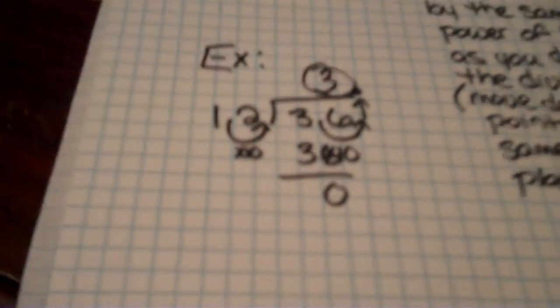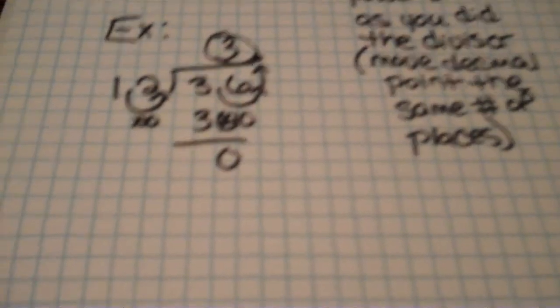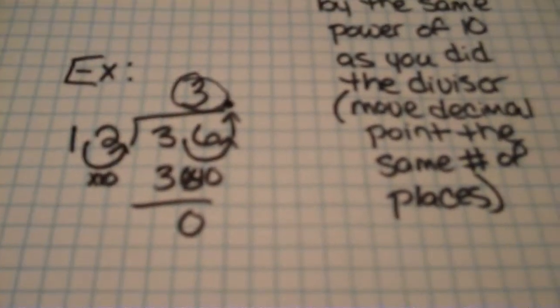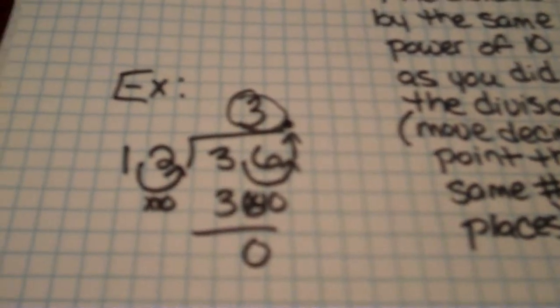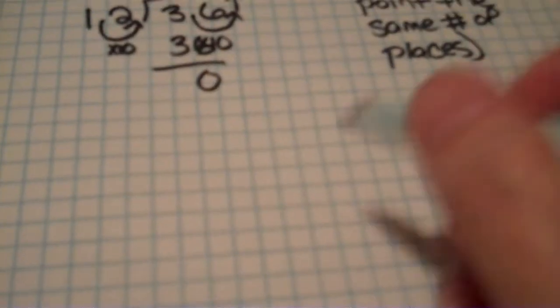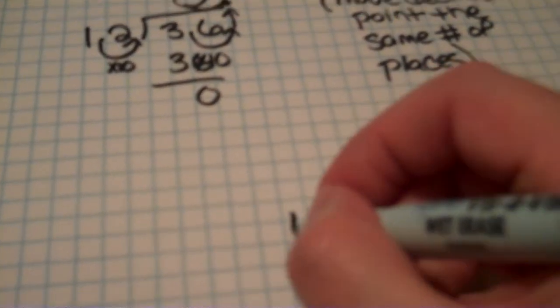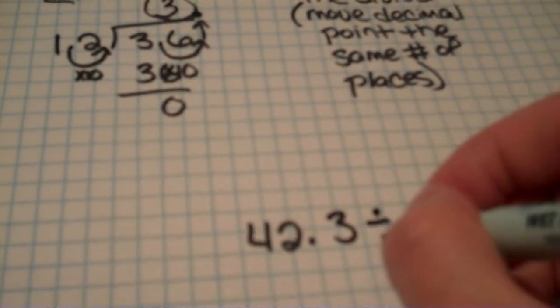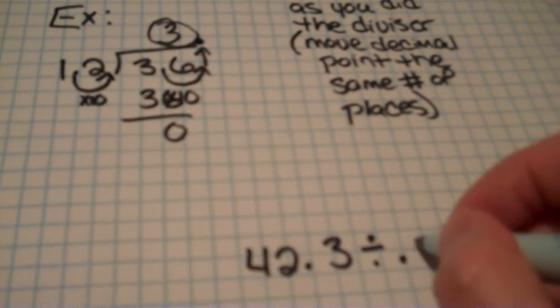Let me see if I can get us some practice. Try this one: 42 and 3 tenths divided by 12 hundredths.